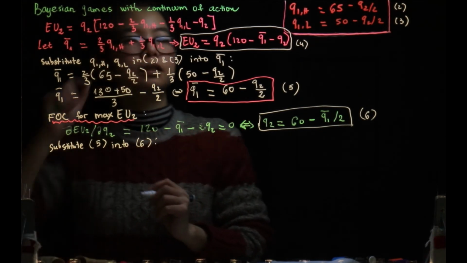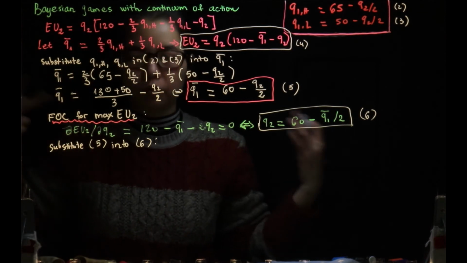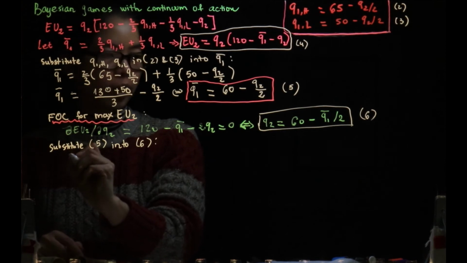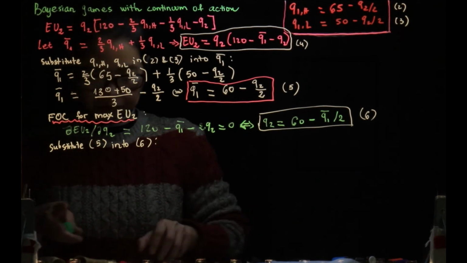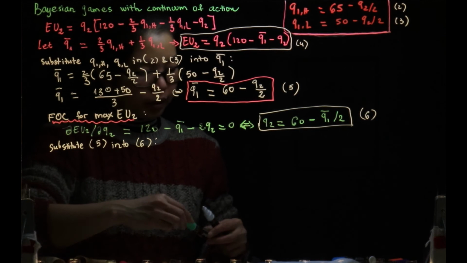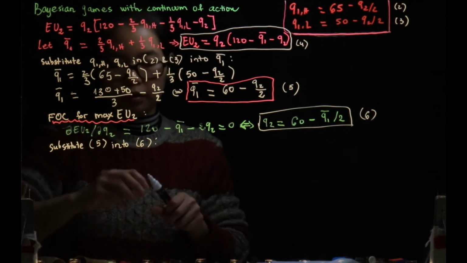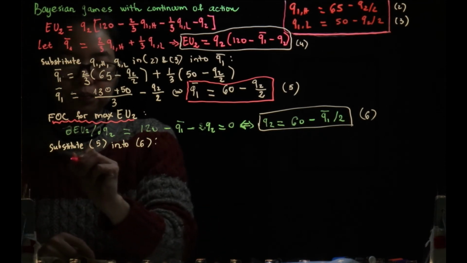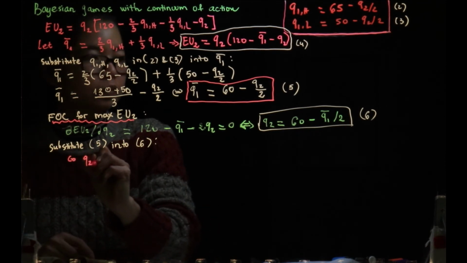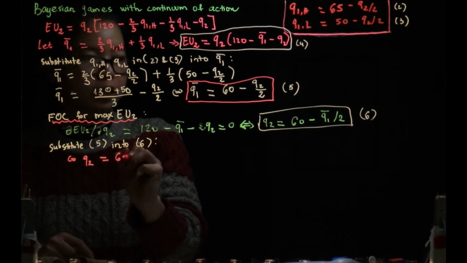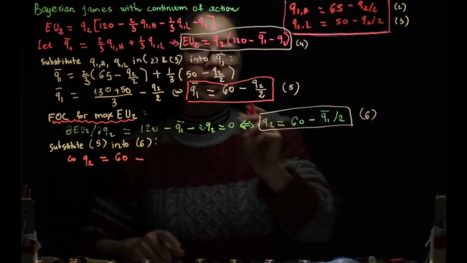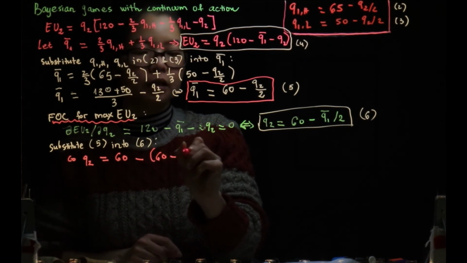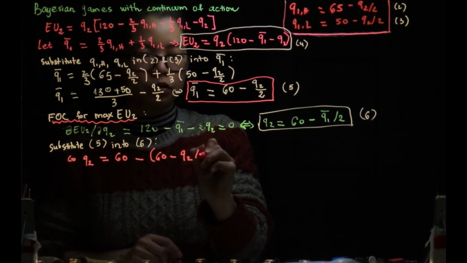Even though the problem here is somewhat new, the approach for maximization is very much in the direction of what we have known before. So we would have Q2 equals 60 minus Q1 bar, 60 minus Q2 over 2, right?